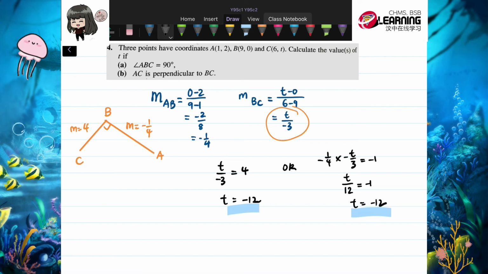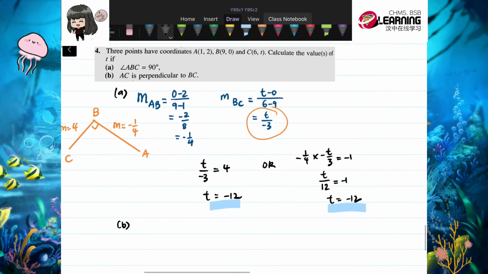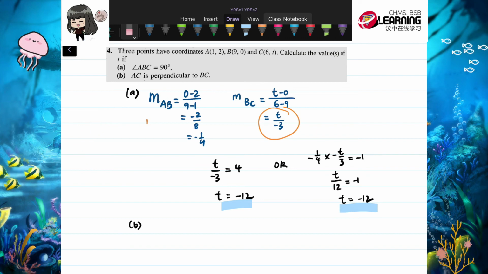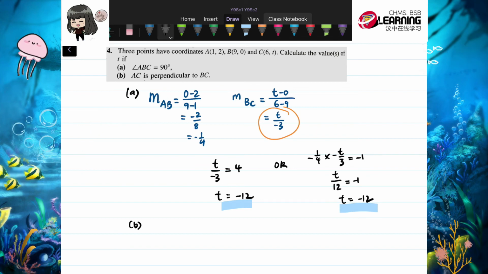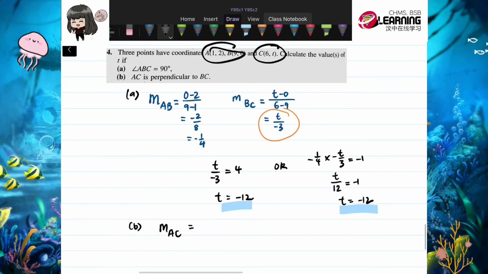Okay, and then part B. This is part A just now. This is only a draft, it's not to scale. Part B: AC is perpendicular to BC. So we find m AC first, the gradient of AC, which is y2 minus y1 over x2 minus x1. We use these two points.